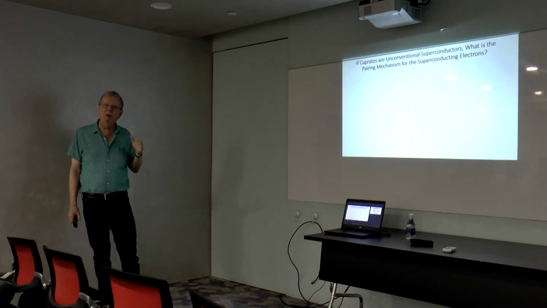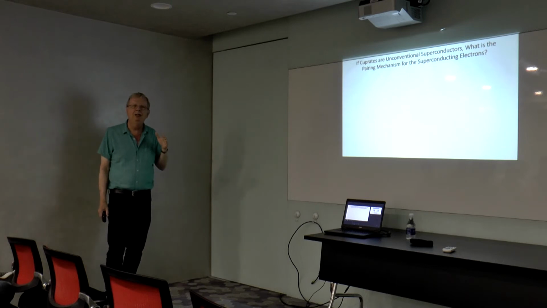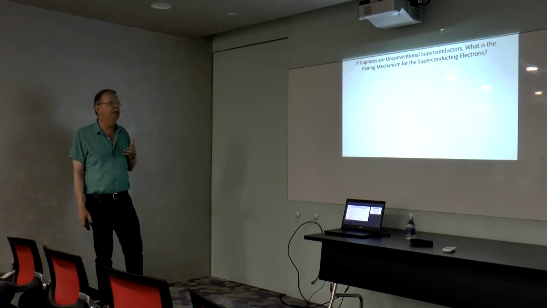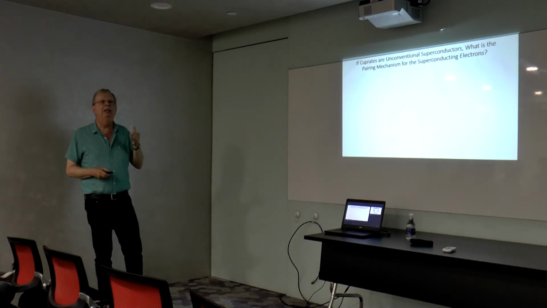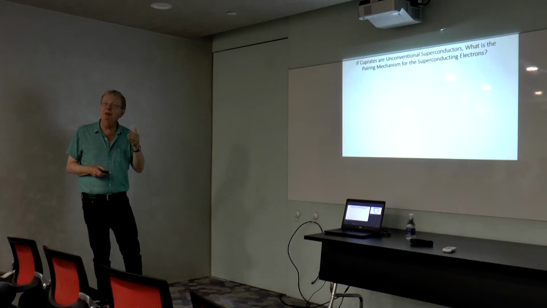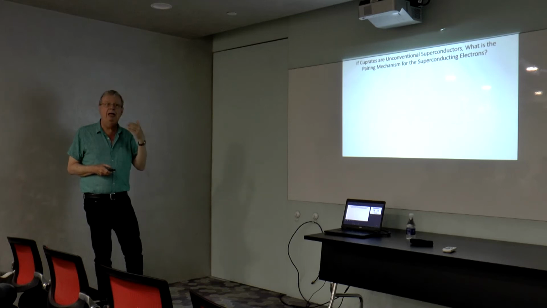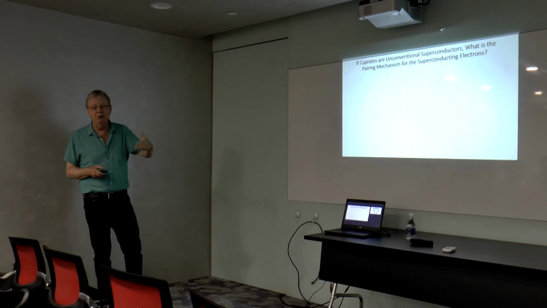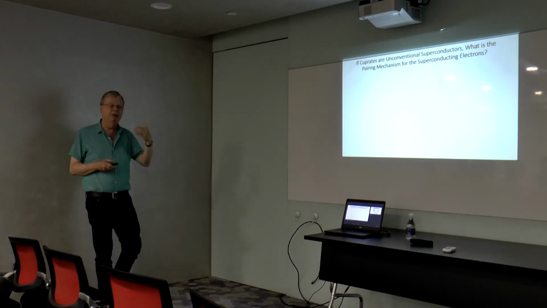Unfortunately, as we'll see, the properties of cuprates are sufficiently numerous and inconsistent within themselves that it's hard to understand on a global picture all of the properties of the cuprates, like Bardeen, Cooper, and Schrieffer managed to do for the elemental superconductors and for the lower TC compounds. BCS theory explained lots of things. It explained the isotope effect, it explained the energy gap, it explained the penetration depth, it explained the coherence thing.